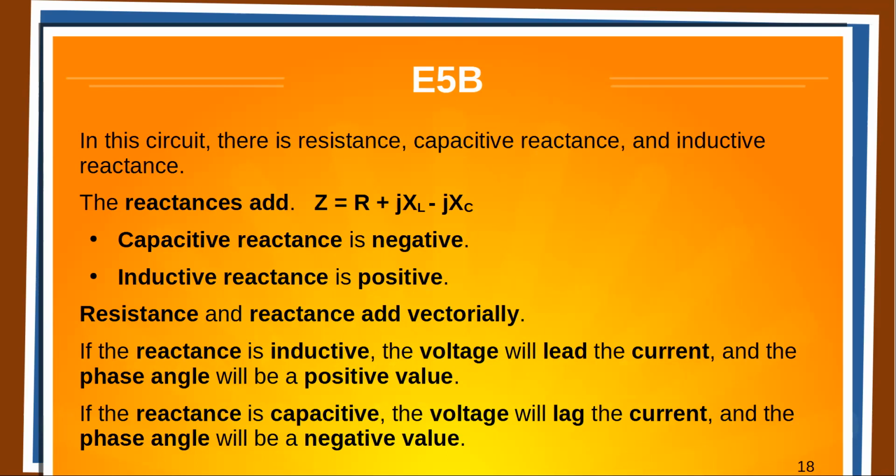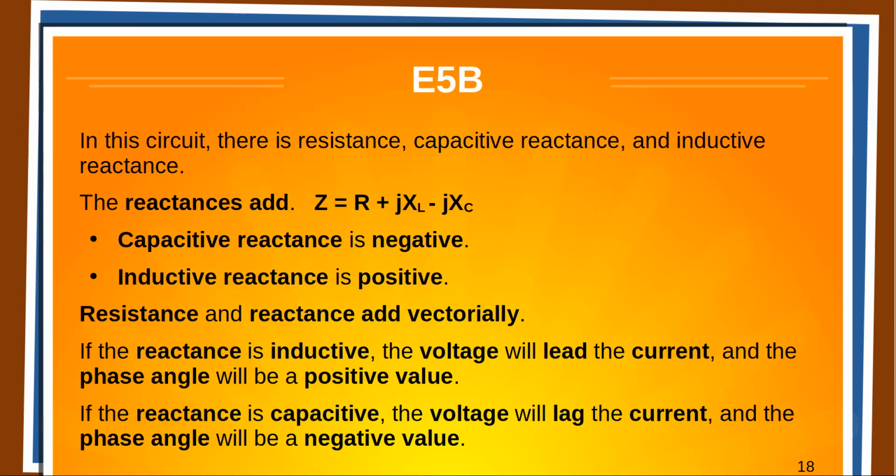So we plot resistance versus reactance. Reactances are imaginary, which is why we use j, which, as everybody knows, is the square root of minus 1. Capacitive reactance will be negative, so it's on the bottom half of the complex plane. Inductive reactance we plot on the top half.